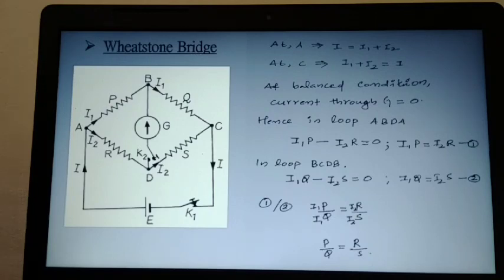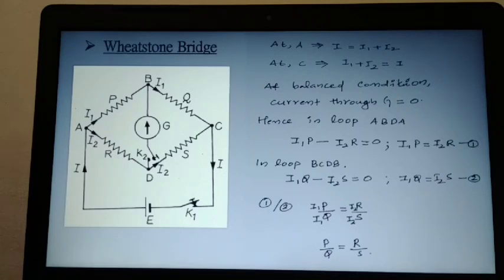But here we are adjusting P, Q, R and S in such a way that when you close the key K2, no current flows through the galvanometer. Even though K2 is closed, no current is flowing through the galvanometer.